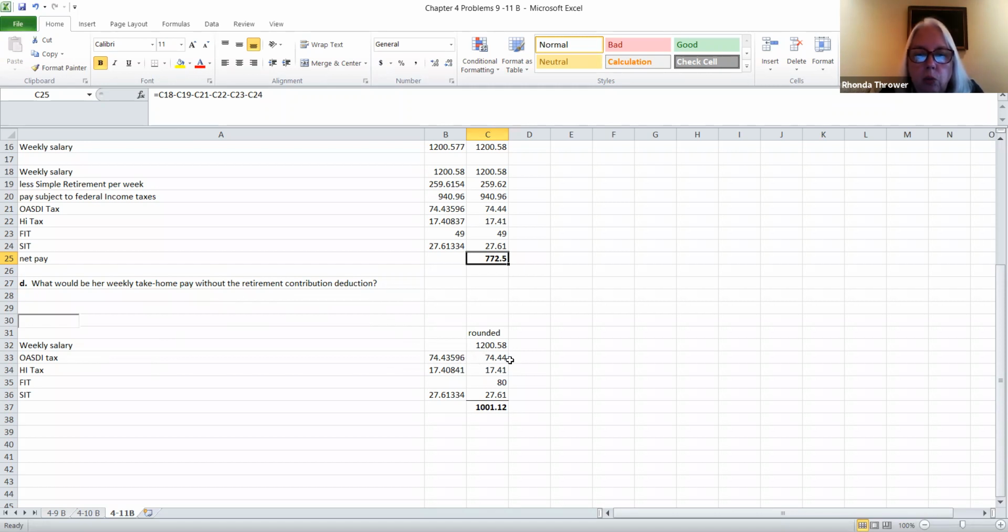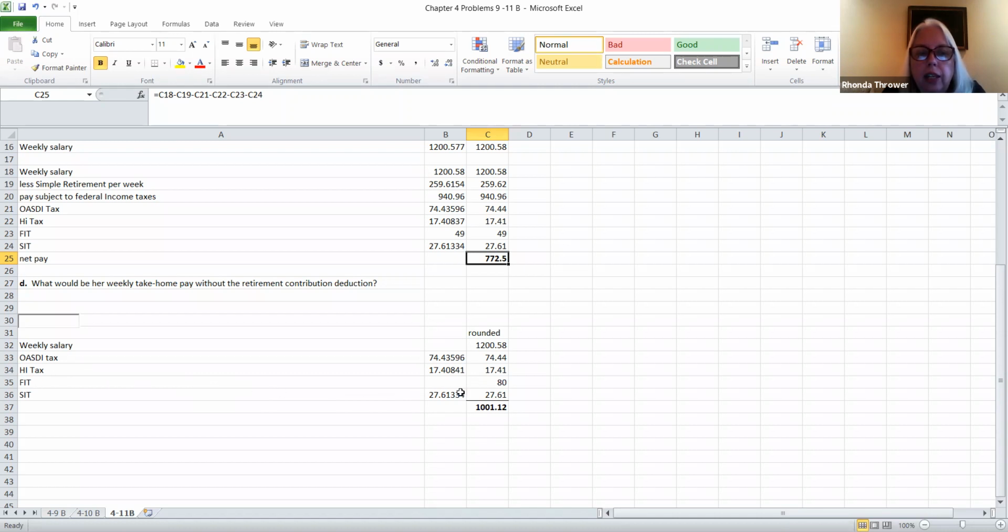We're calculating the rounded amount of that, which would end up being $74.44. The $1,200.58 times the HI tax rate of 0.0145 will give you $17.41 rounded.